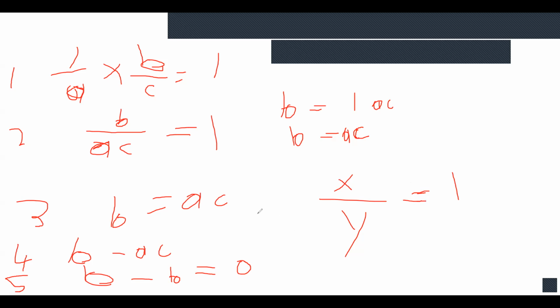Any number over itself is equal to 1. That's what I mean. And any number divided by 1 is equal to itself. And it is also true that if x over y is equal to -1, then that would mean that x is equal to -y.